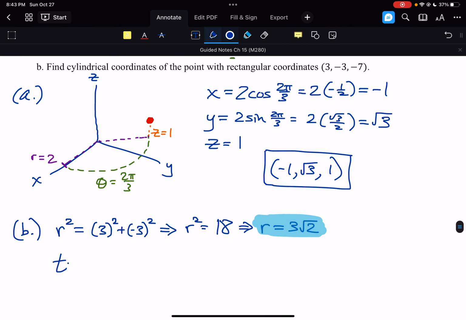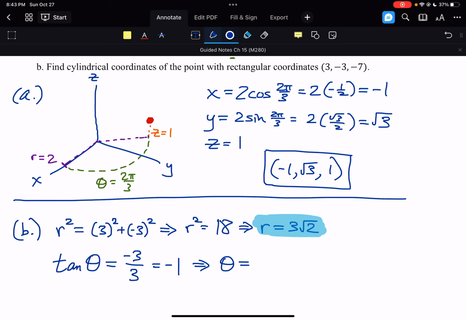But we know that tangent of theta is y over x, so that's -3 over 3, which is -1. So we're looking for the angle that makes tangent -1.